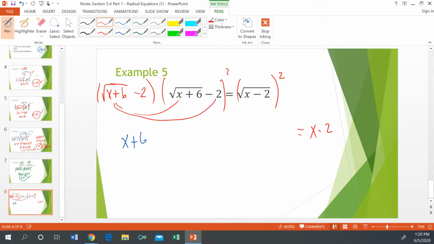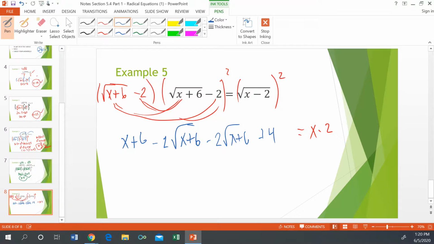This times negative 2 is negative 2 root x plus 6. Negative 2 times that, again, is negative 2 root x plus 6. And our last one, negative 2 times negative 2 is positive 4.